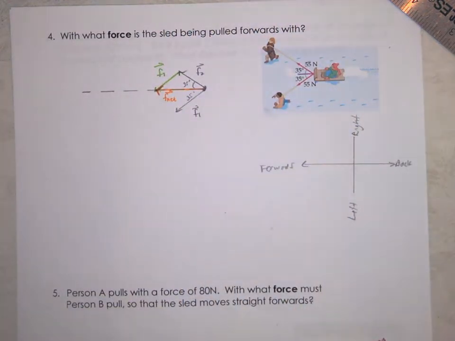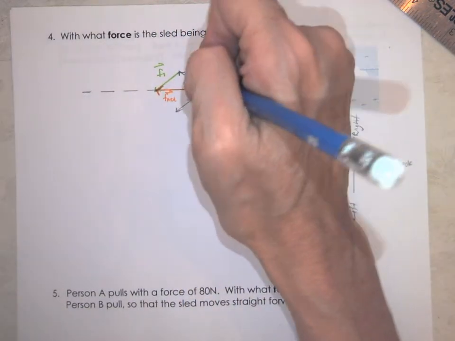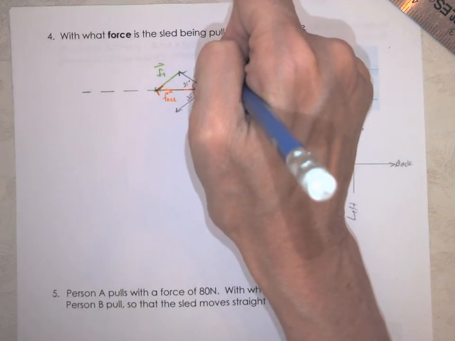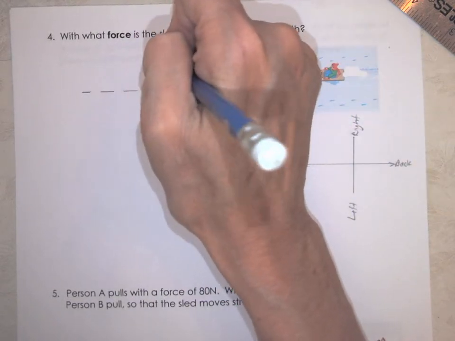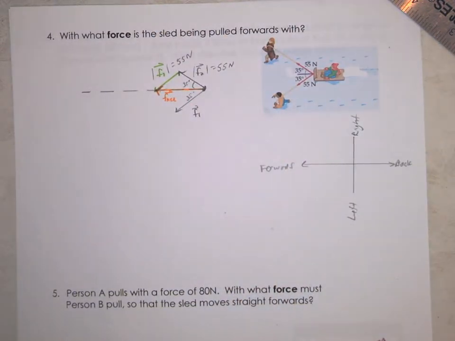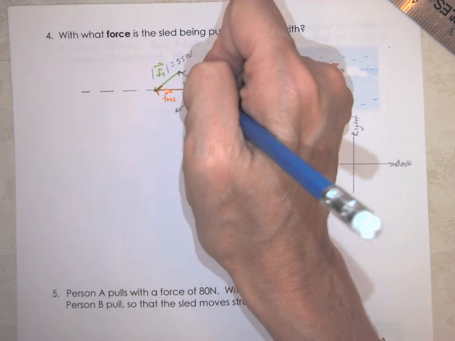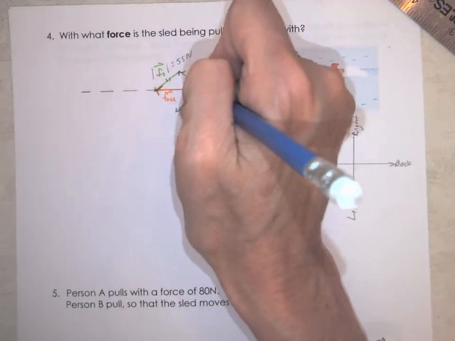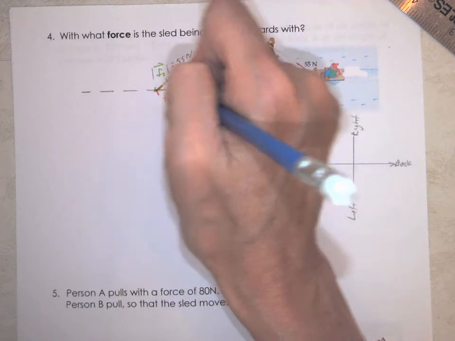And we know that these both have a magnitude of 55 newtons. So if I'm just doing the magnitudes, put the magnitude bars there. I know my net force is going to end up being forwards. Because this is now an isosceles triangle, because both magnitudes are the same, then this is 35 degrees, we know, because we end up going forwards.